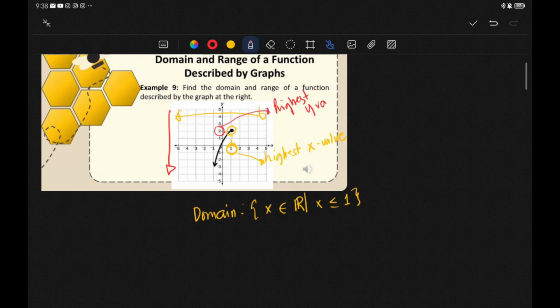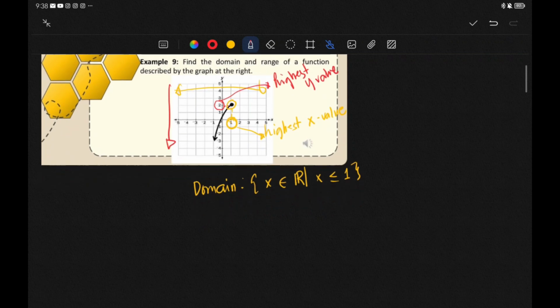Highest y value. Now, since the highest y value is positive 2, the graph goes infinitely down starting from positive 2. Then the range is an element of all real numbers less than or equal to positive 2.